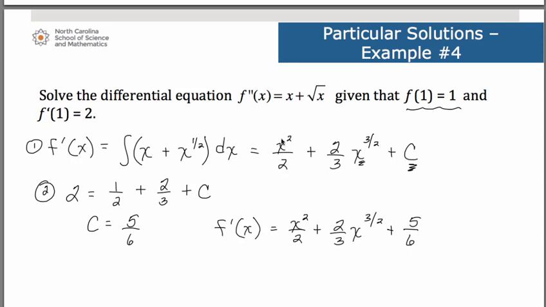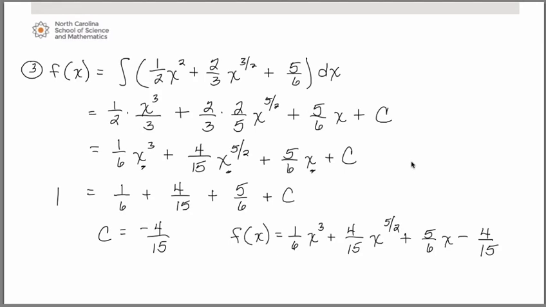If by chance these initial conditions were not given, you would be working through another antiderivative using this as c instead of having a number there. So when you went to find the antiderivative of c over here on this next step, instead of 5/6 x, you would have had c times x right there, because you didn't know yet c was 5/6 because you were not given initial conditions.